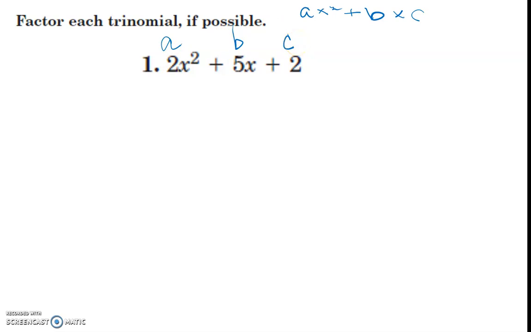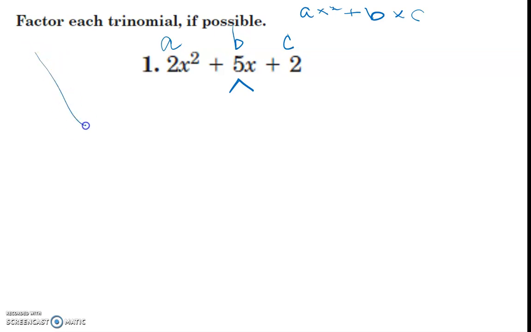So I have a trick to figuring out how to break this apart. I have to figure out how to break this apart to find those 2 inner terms, that outer inner term of FOIL that made that. Now remember, 5x could be a 4 and a 1, or it could be a 3 and a 2. And so we need to figure out which one is it.